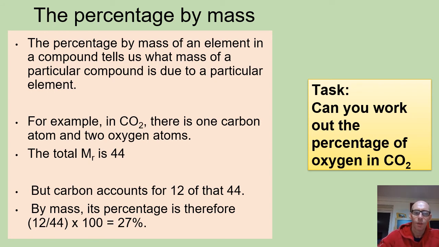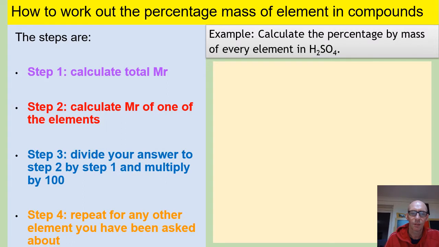Okay, this goes through the carbon dioxide example again. Hopefully you've already written that down from earlier. And then, again, this is the step-by-step approach. So step 1, calculate the total of the molecule.